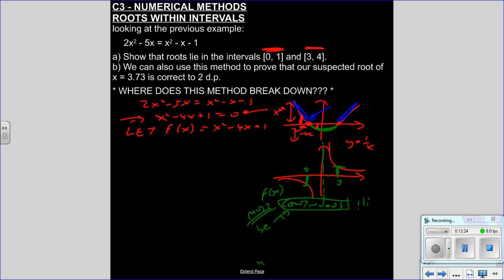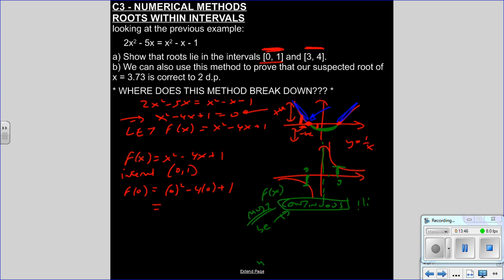Okay, so let's see what we're doing then. So f of x equals x squared minus 4x plus 1. I've got an interval here of 0 and 1. So that means that f of 0 equals, you must write down the insertion of this value again.